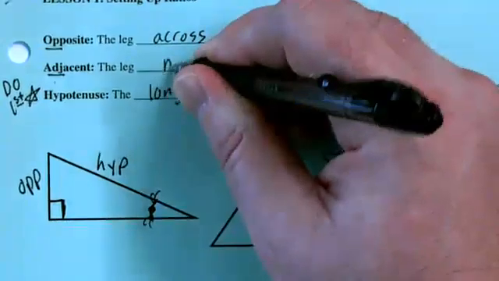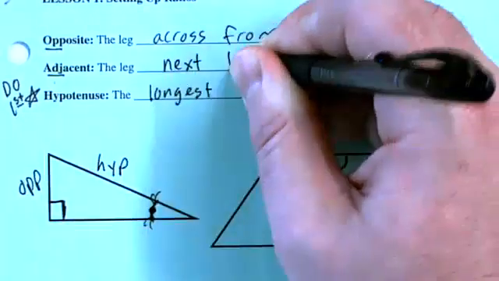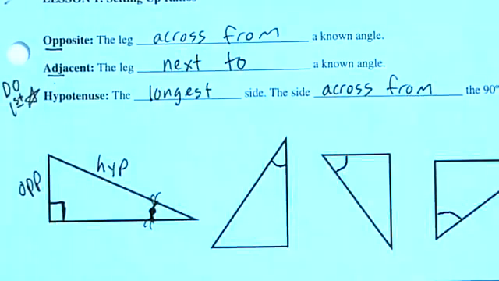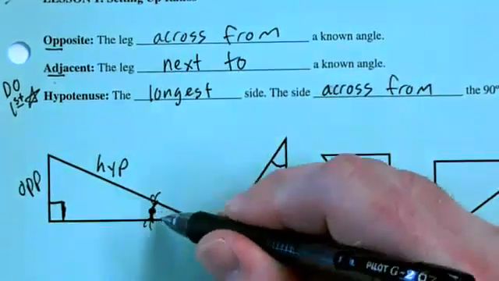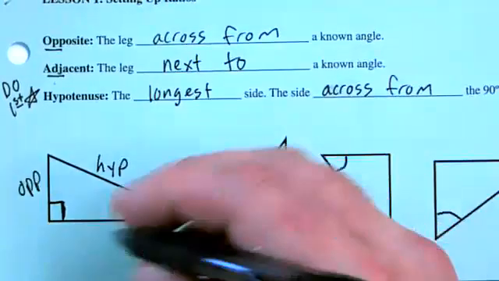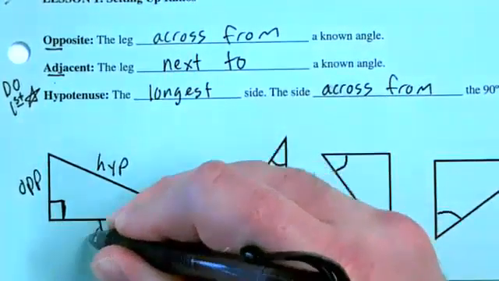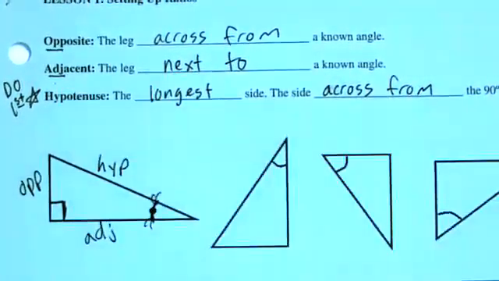Adjacent means next to or touching. So again, if my eyeball is here and I'm looking into my triangle right here, my adjacent side would be right here, because it's right next to my eyeball.